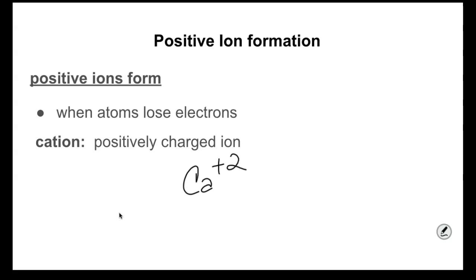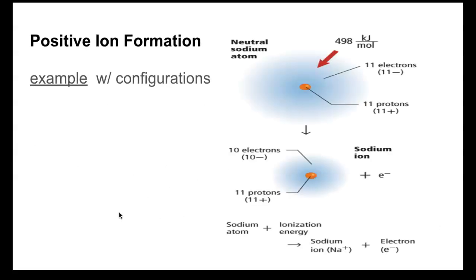We want to call it the calcium cation. I had trouble remembering this, so I always remember that cats have paws, so cations are positive. So anytime you lose electrons, you form a positively charged ion, and it's called a cation.